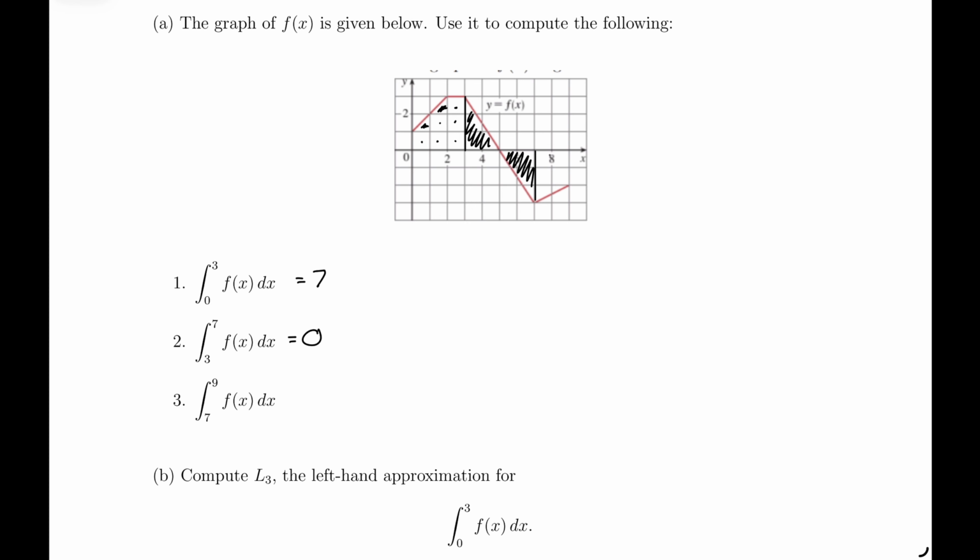And finally, from 7 to 9, we have 1, 2, 3, 4. And then this is some part of a box, and this is another part of the box. But just based on symmetry, we know that all of this would be 2. And we have half of that, so this right here is 1. So this gives us 5 total.